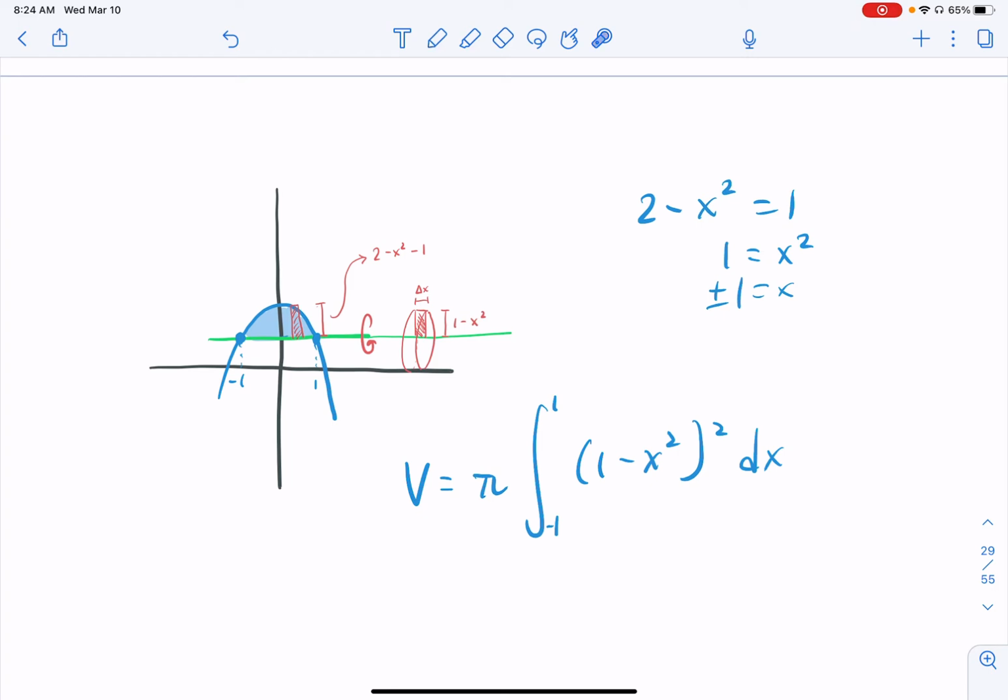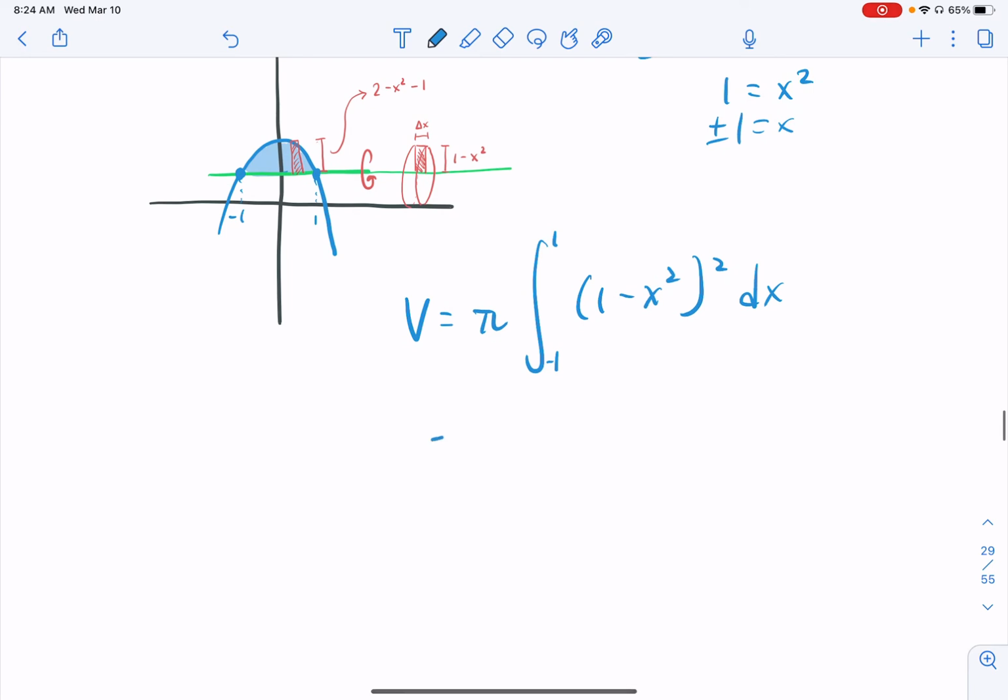We're symmetric to the y-axis, both in terms of our interval and in terms of our function. So we could turn this into 2 pi, definite integral from 0 to 1, of this function being squared. Why is that helpful? Because it's so much easier to plug in 0 in this polynomial rather than a -1 and miss something because of a negative sign.